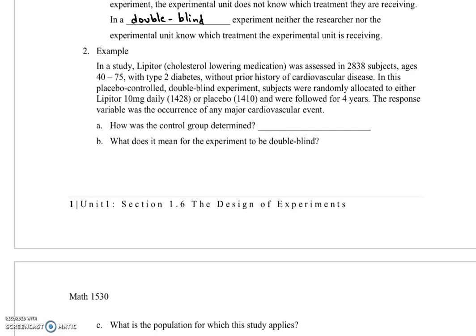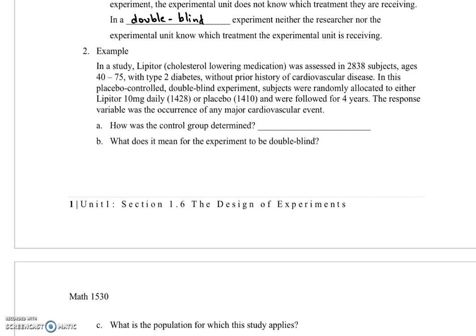In the placebo-controlled double-blind experiment, subjects were randomly allocated to either Lipitor, 10 milligrams daily, and that 1,428 in parentheses is how many of the subjects, or the placebo, and that 1,410 is how many of the subjects were in the placebo group. And then they were followed for 4 years. The response variable was the occurrence of any major cardiovascular event.